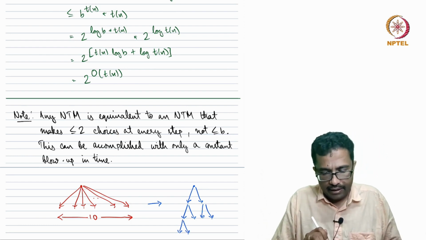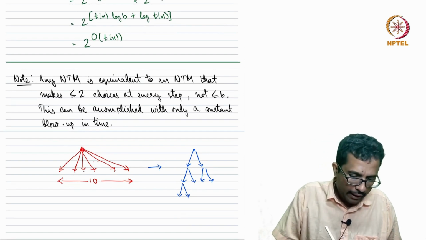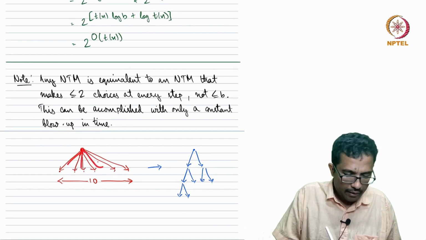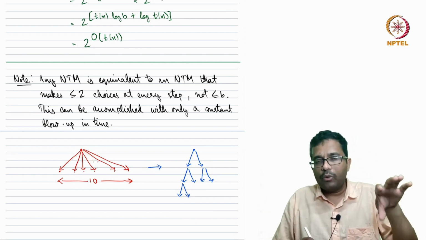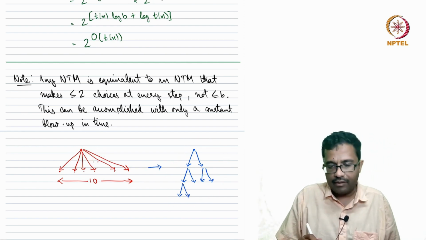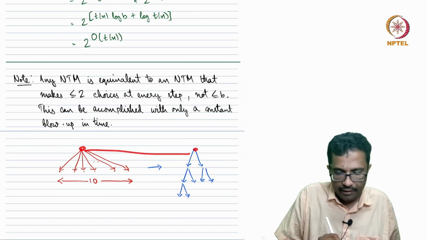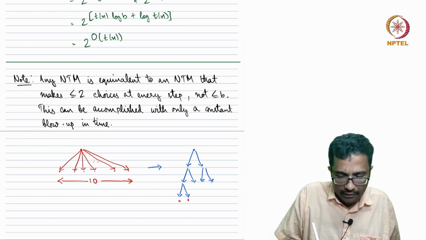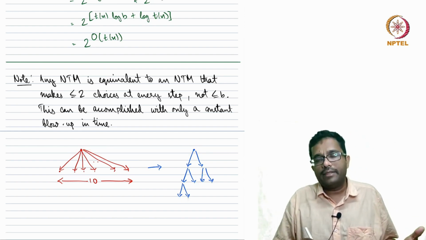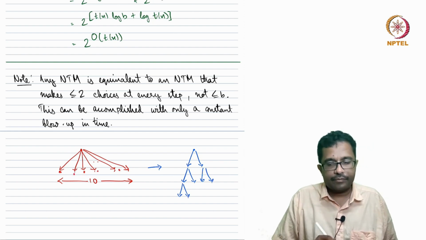Why is that? That is because a node has, let's say, 10 children. We can replace that one node with 10 children with a small tree, where this node corresponds to this node here. This small tree will have 10 leaves, and these 10 leaves correspond to the 10 children here.